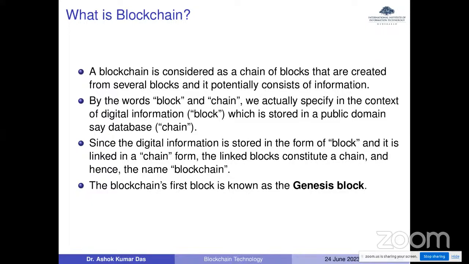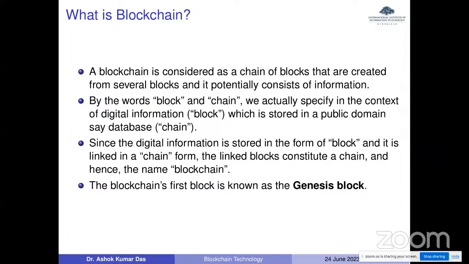And here we are making a chain, which is a cryptographically linked chain, because the hash of the previous block is also linked to the current block. That's why the chain forms a cryptographic hash chain between the blocks. As a result, if somebody tries to modify a block, that attacker or intruder needs to modify the previous blocks' hash values as well as the future blocks' hash values, which is impossible when the length of the blockchain is very large.